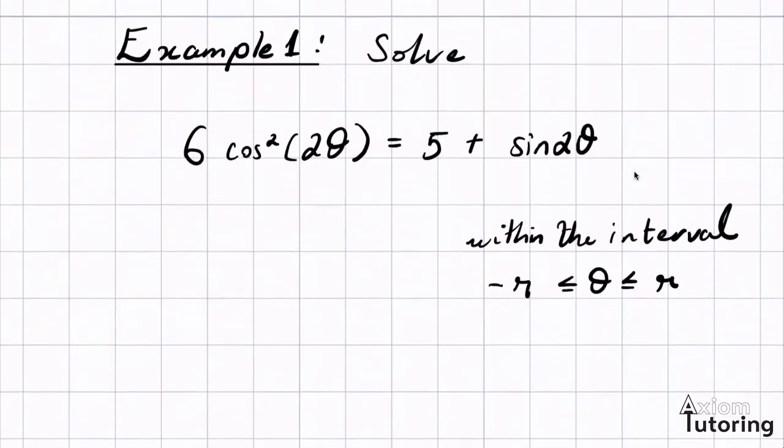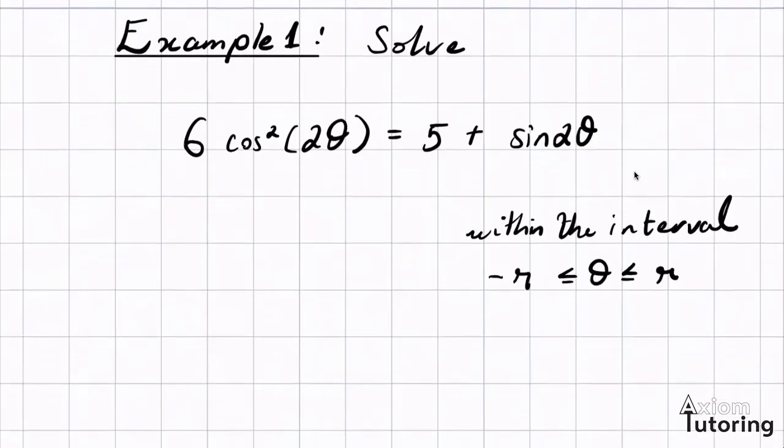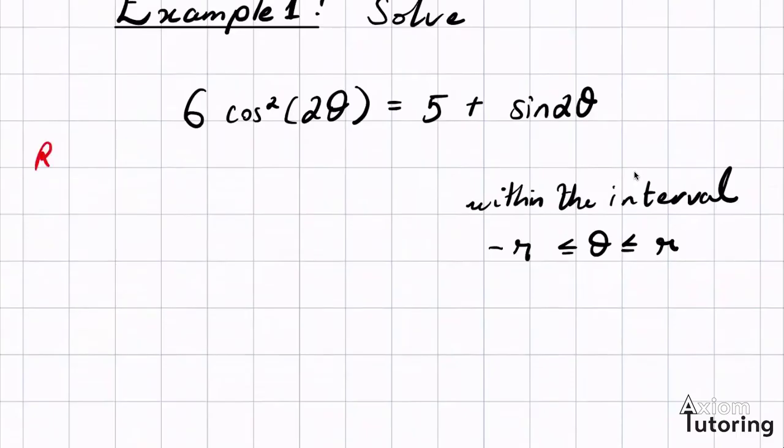So we want to solve 6 cos squared 2 theta equals 5 plus sine 2 theta. So what will first be useful is to recall that cos squared theta plus sine squared theta equals 1. And this also applies to our double angles.